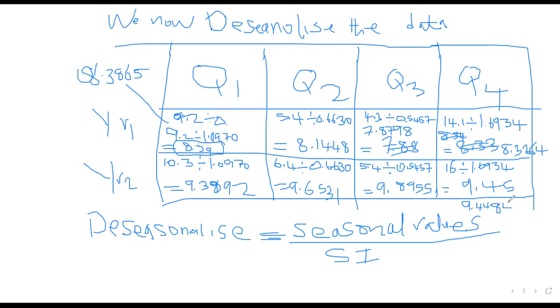So these are the figures we need to use now. From there, we can start solving for the equation. Then we go for the value that we are going to forecast.